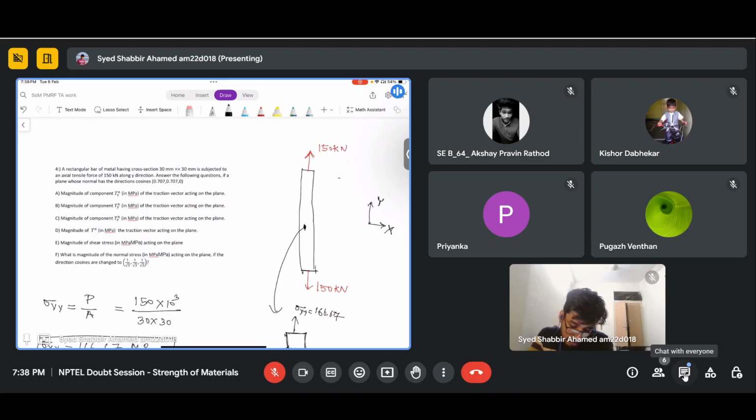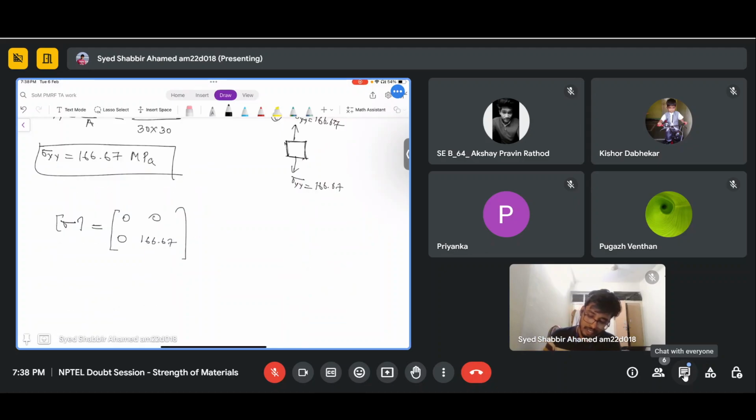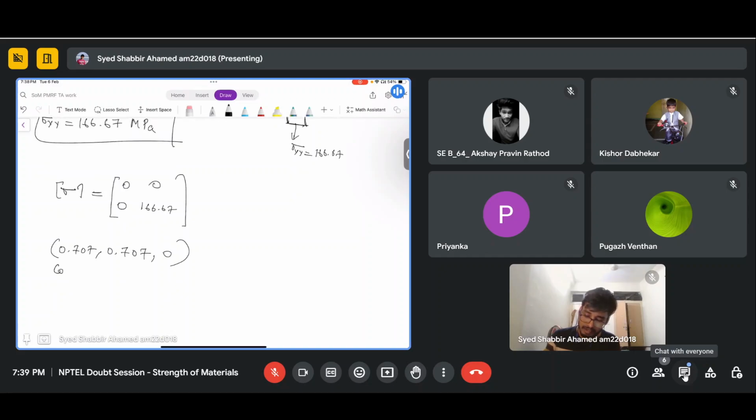And he's saying that there is a plane whose normal has direction cosines like this, given as 0.707, 0.707 and 0. So this is cos alpha, this is cos beta, as I've said.